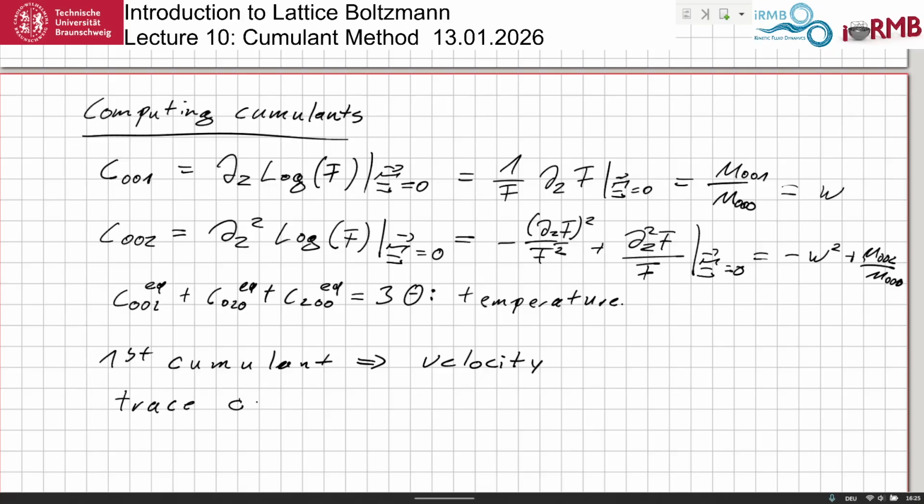There's not a flux of intensive quantities, there's only a flux of extensive quantities. So the trace of the second order cumulants, this is the temperature.